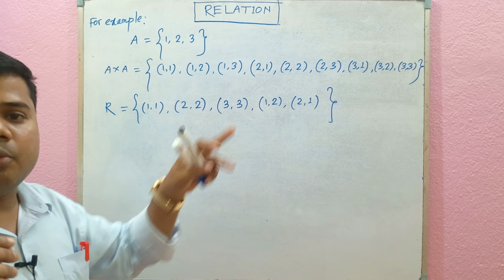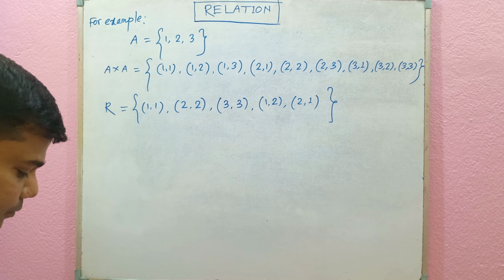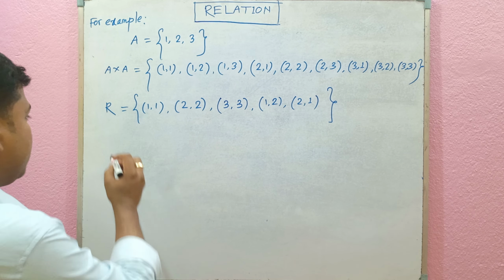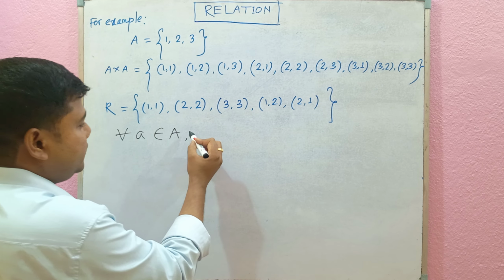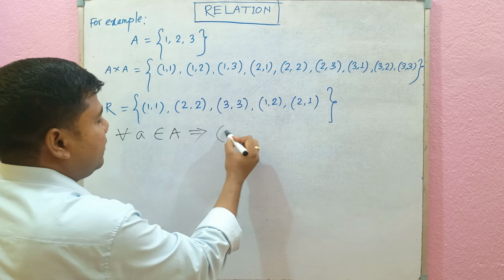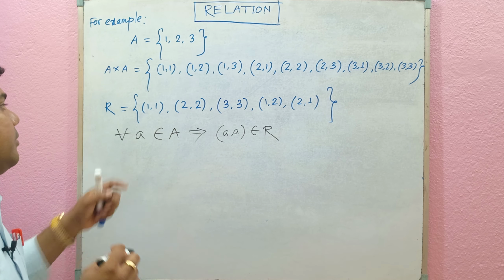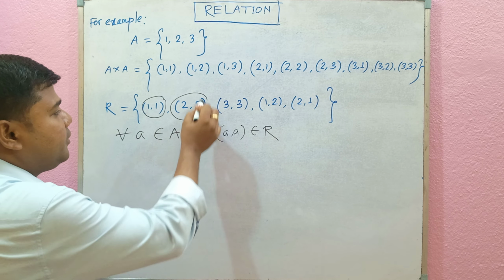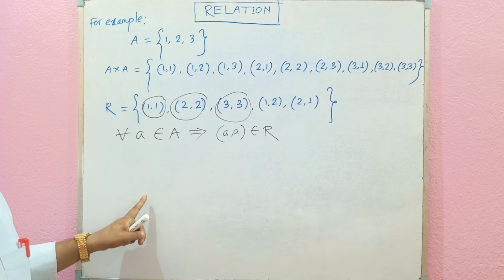We define a relation R as this. Then we notice that for all a belonging to A, (a,a) belongs to R: this, this and this. So R is reflexive.